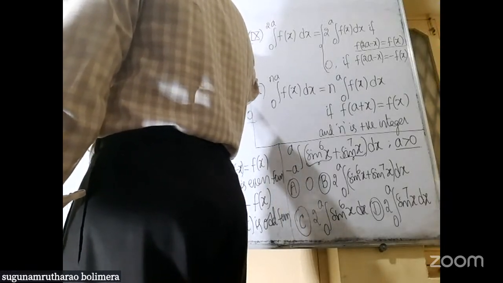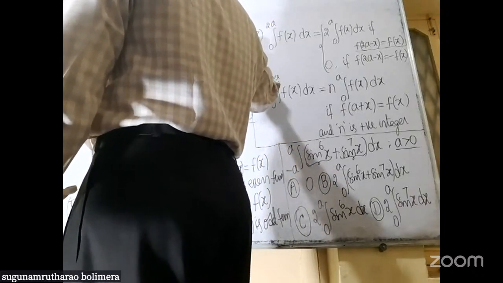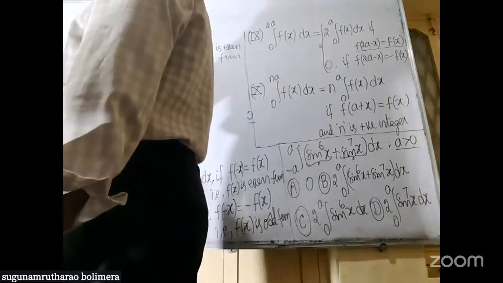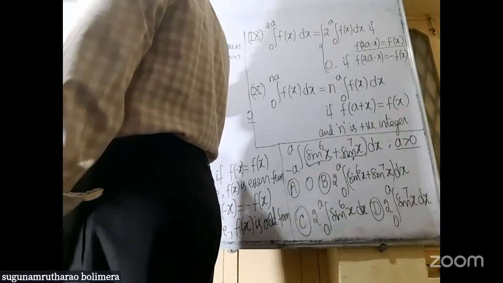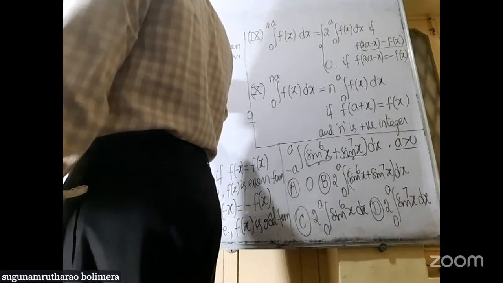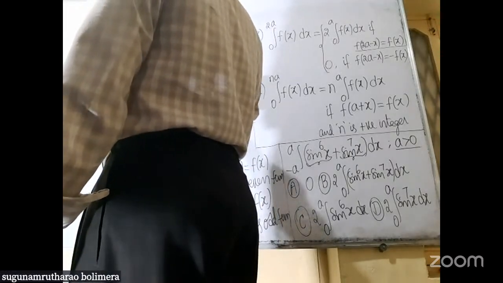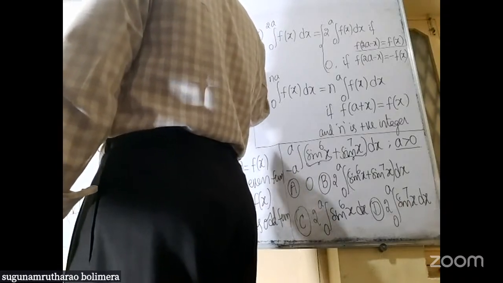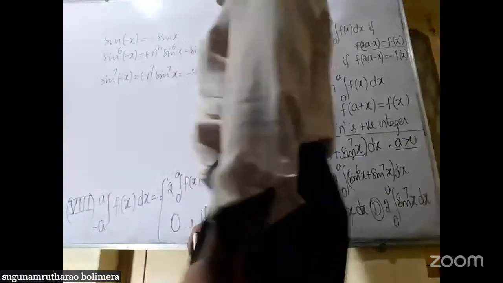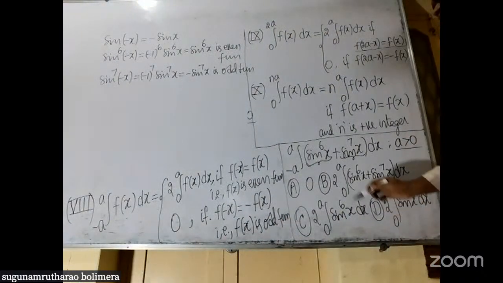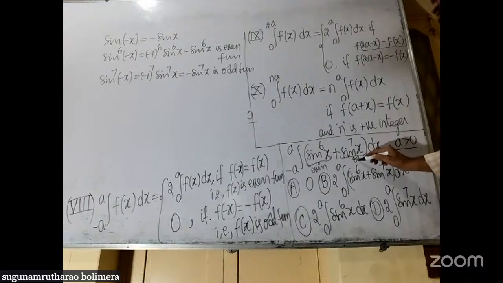Sine power 6x is an even function. Next, sine power 7 of minus x equals (minus 1) to the power 7 times sine power 7x, which is equal to minus sine power 7x, so it is an odd function. So here this is even and this is odd, so you can say the answer.